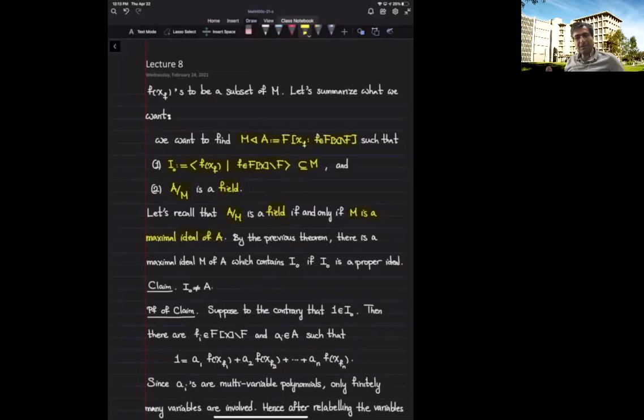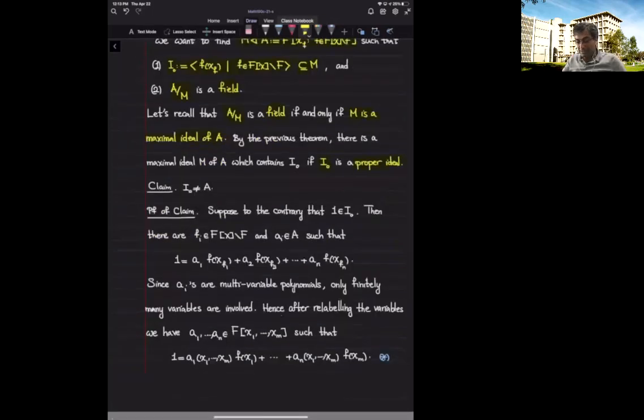So we are looking for a maximal ideal that contains I naught. By the previous theorem that we proved, whenever I give you a proper ideal I naught, it is contained in some maximal ideal. So we do get existence of this M as soon as we show I naught is a proper ideal.